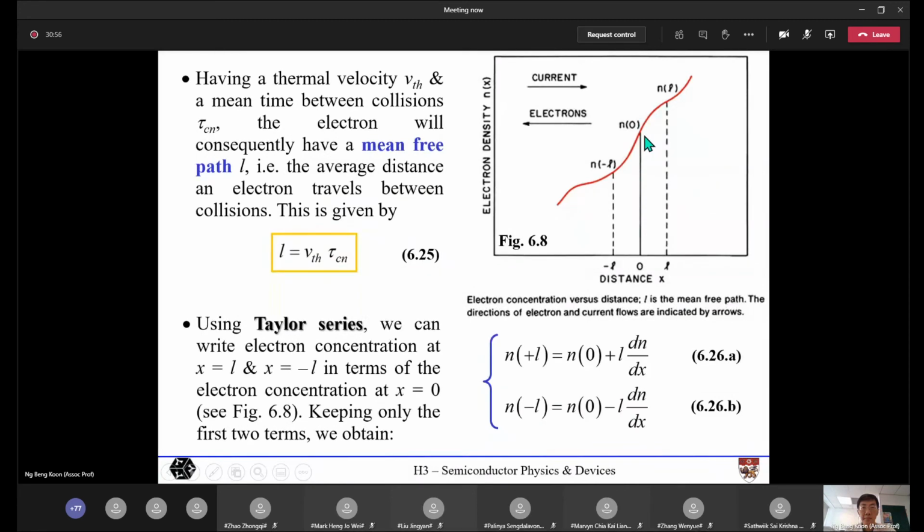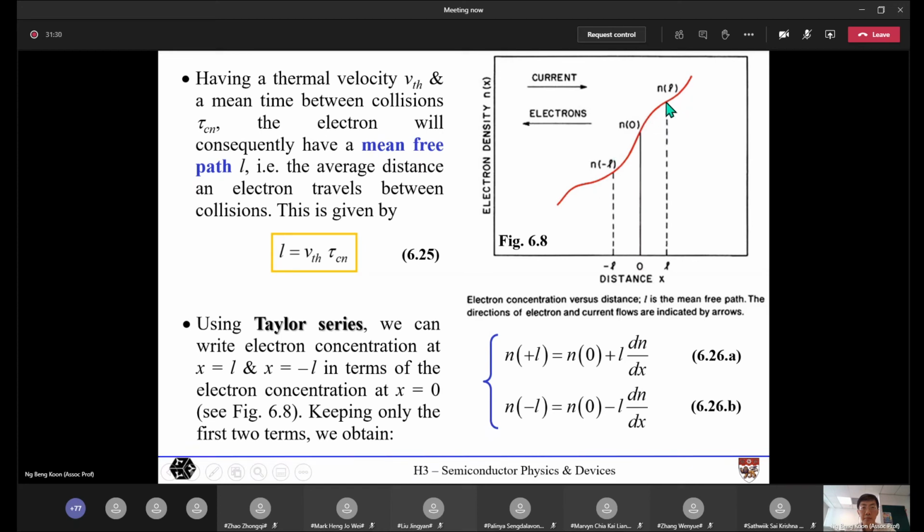Now, another thing that we will do is to make an approximation to relate to the concentration at n0. Of course, at the point x equals minus L, the concentration at that point is n of minus L, and on the right-hand side at position x equals L, the concentration is n of L. If you look at this distribution of the electron density, the curve is not a linear curve, right?